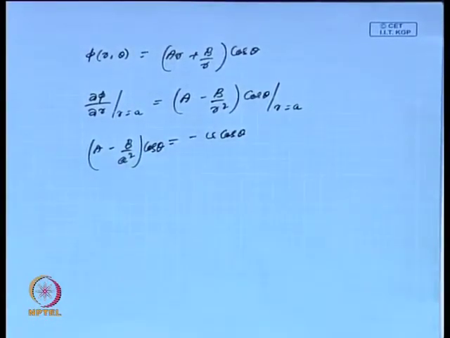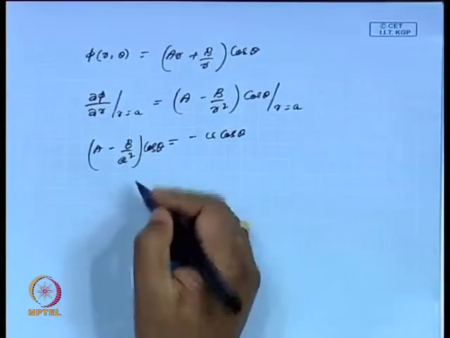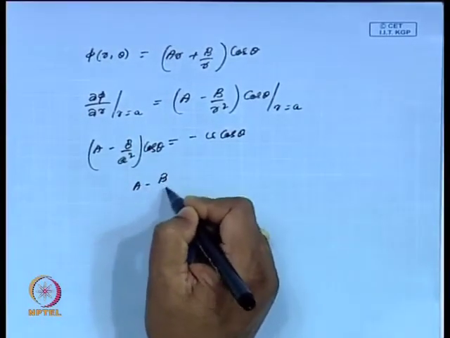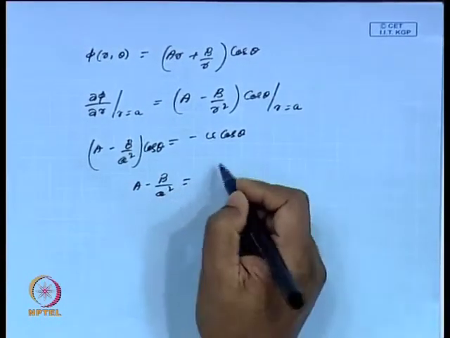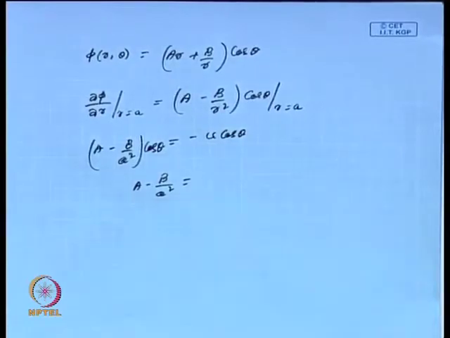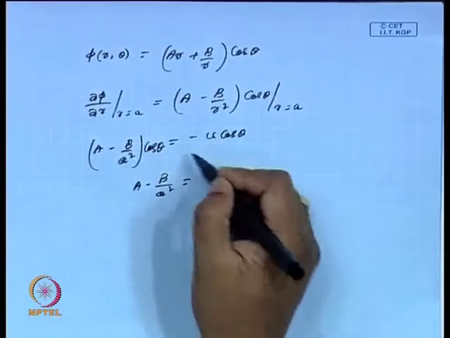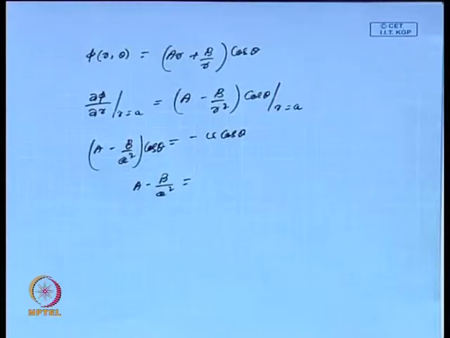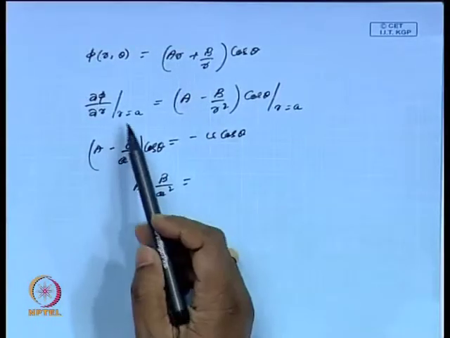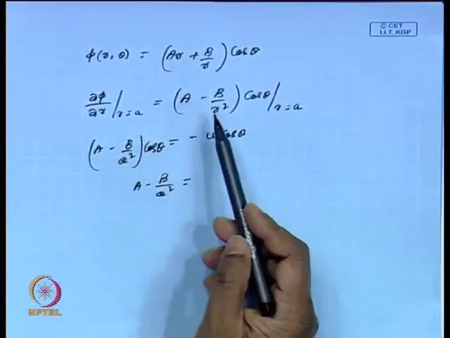If this is u cos theta, that gives me a minus b by a square is equal to u. Sorry, there is a minus.